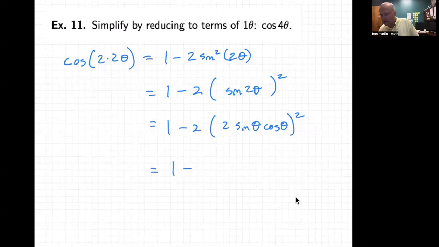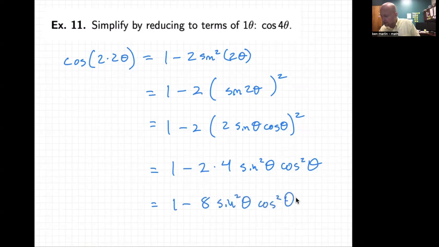And I have 1 minus 2 times 2 squared is 4, sine squared theta, cosine squared theta. So 1 minus 8 sine squared theta, cosine squared theta. If you go a different route, if you use one of the other 3 identities for that, you'll have an answer that looks different, but is actually the same.